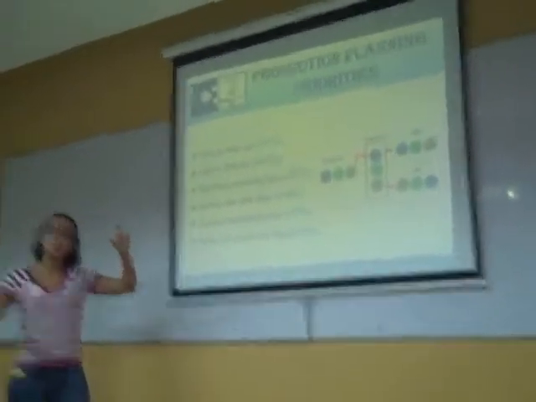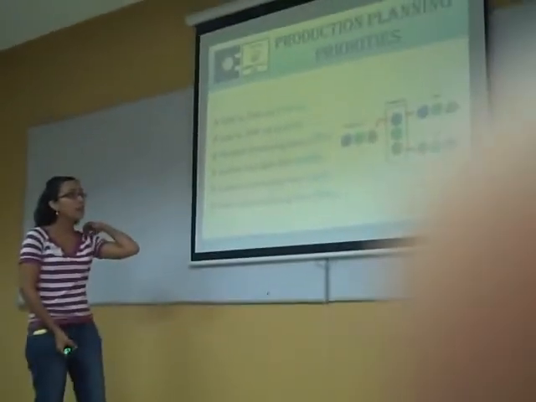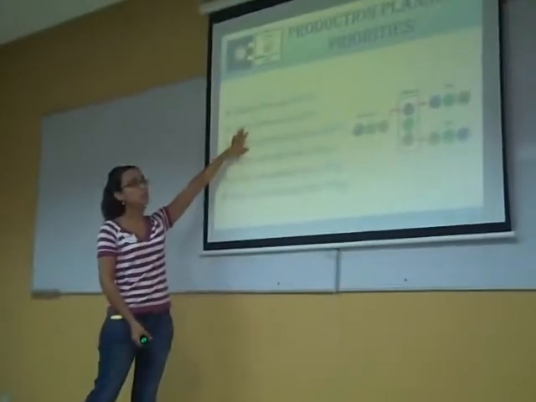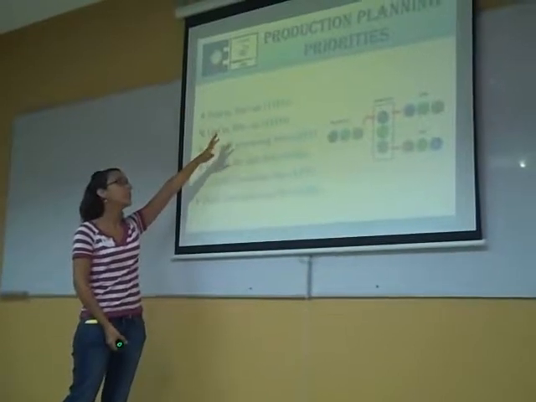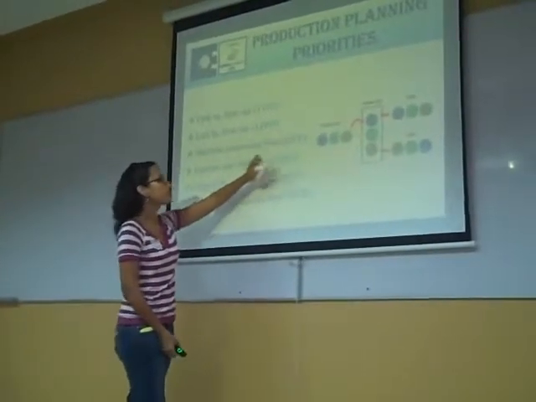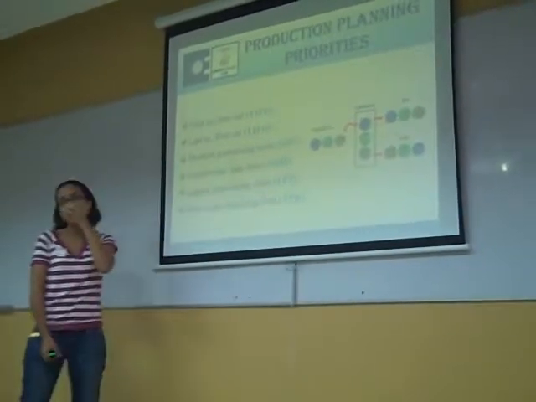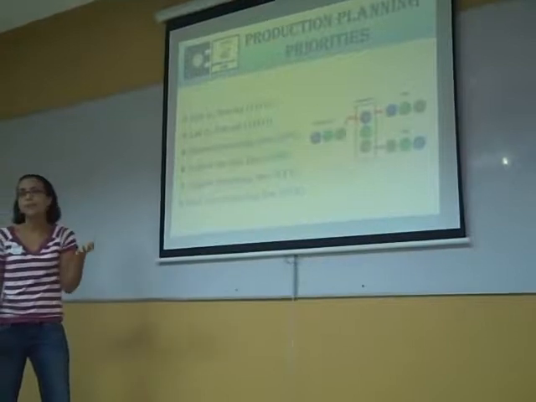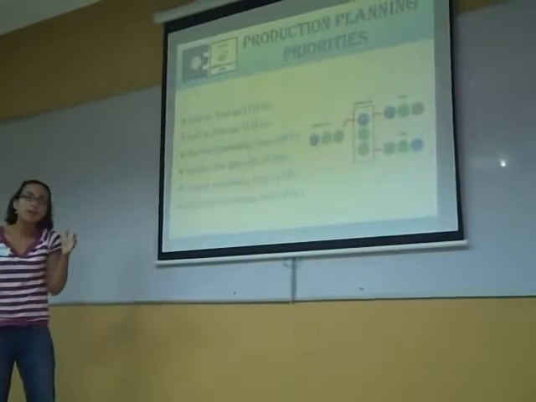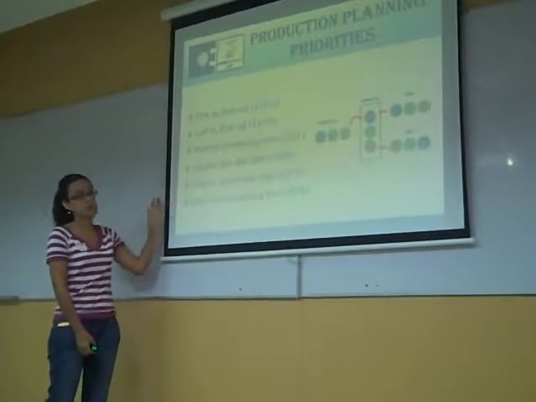If you put that word like a keyword in any search engine, you can find all of this. That's for the production planning. You have first in first out, last in first out, shortest processing time, earliest due date first. It depends on the decision that the planner takes to choose one of these priority rules.